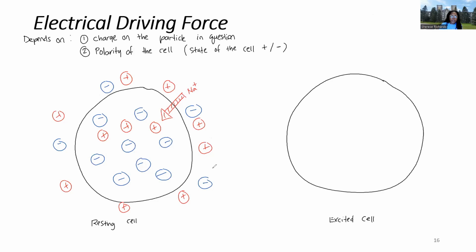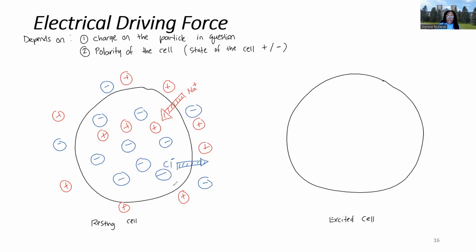Alternatively, if we think about chloride, chloride is negatively charged. So chloride doesn't want to be on the inside of the cell. It wants to move to the overwhelmingly positive area on the outside of the cell. So here is the direction of the electrical driving force that would be acting on chloride, okay?